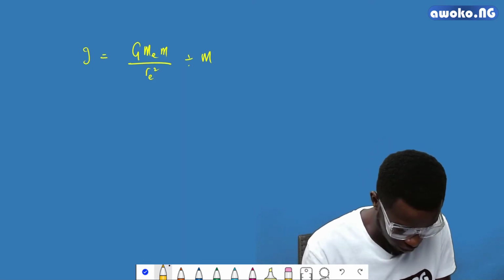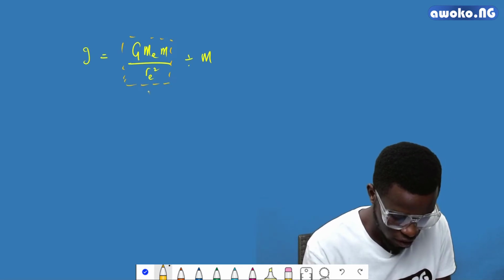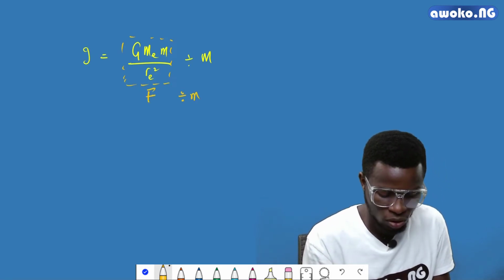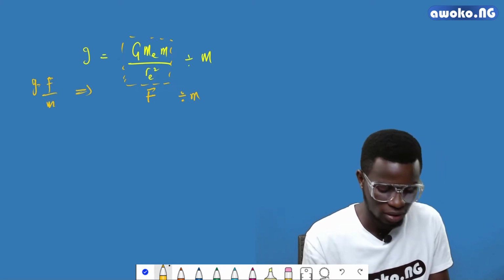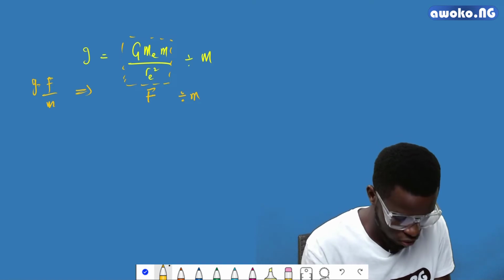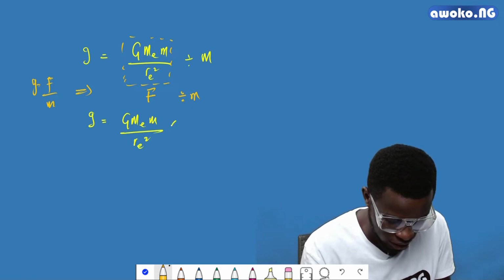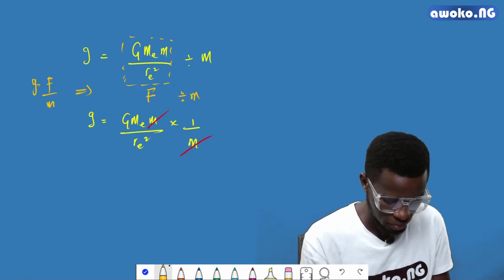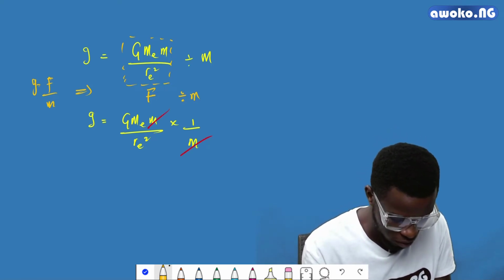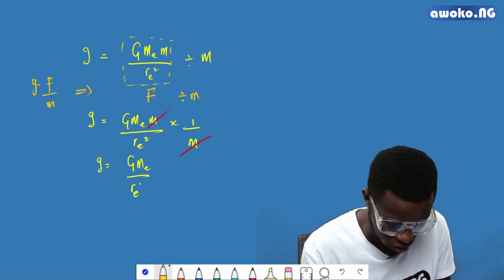Okay, everything here is equal to F, then divided by m. So because g equals F divided by m, we have something like this. Is that okay? Now if you solve further, we have that g is equal to G Me m over Re squared times 1 over m. Of course, m is going to cancel out m, and then g will be equal to G Me over Re squared.